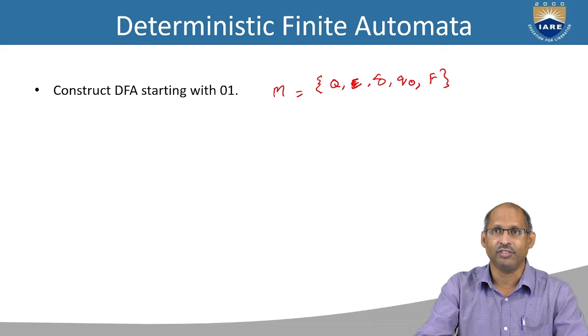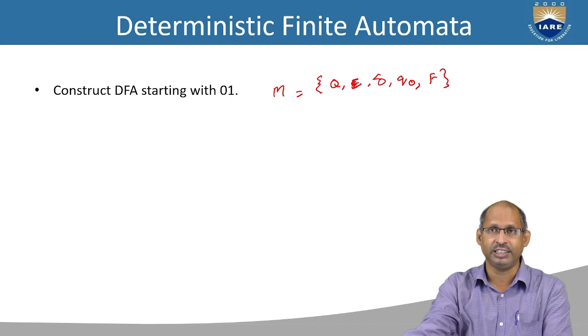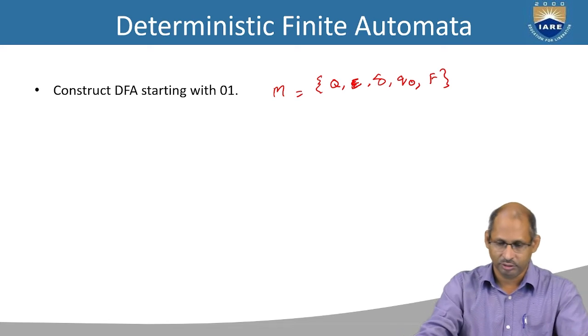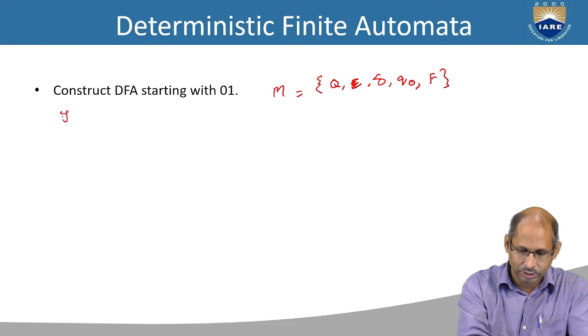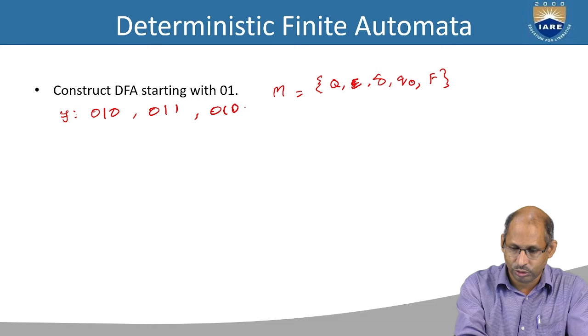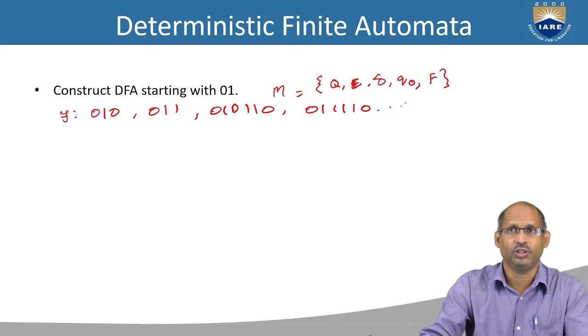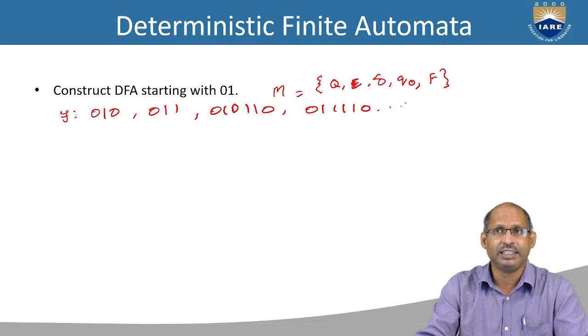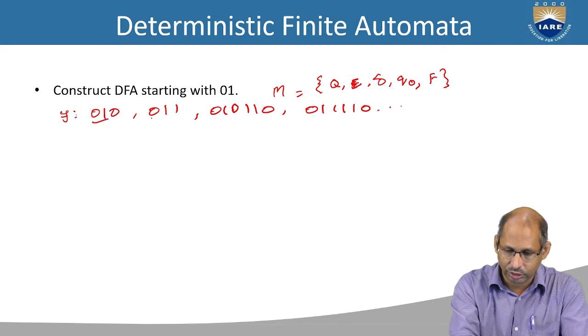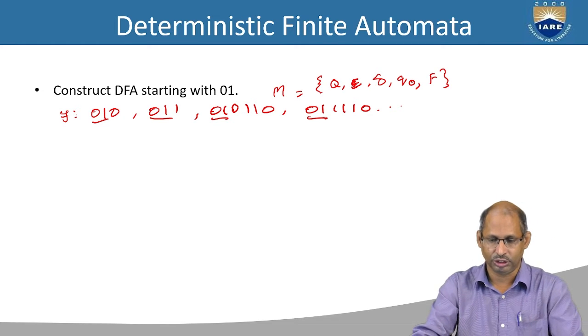What are the example strings? Example strings are 01, 010, 011, 0100, 0111, and so on. All these strings start with 01.